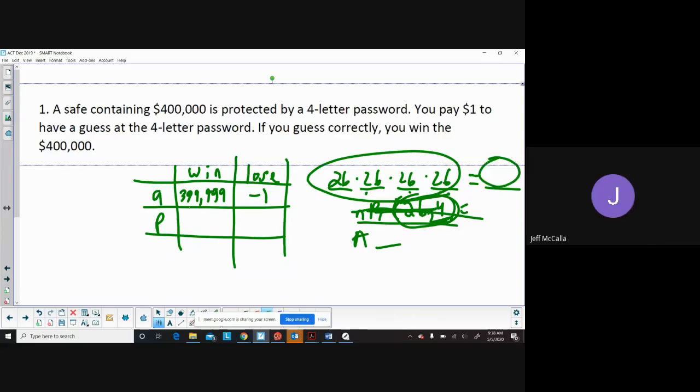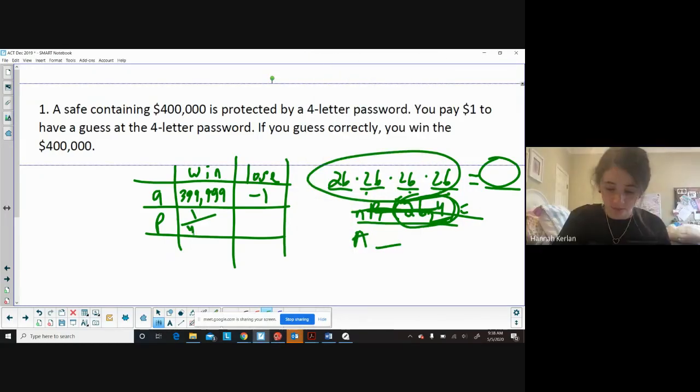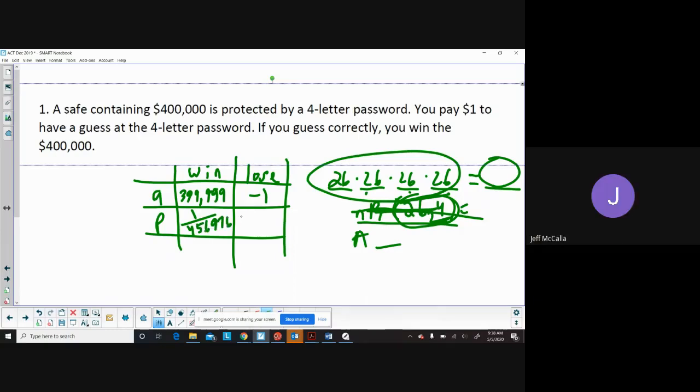But then it'd be 1 out of whatever that big number was, the 457,000 or something. It'd be 1 over 456,976. And this would be 456,975 over 456,976.